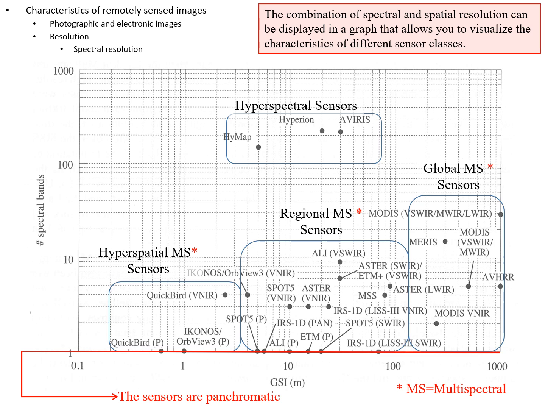And then on the right, you have the sort of the global multispectral sensors. Okay, so these are systems that have pixels that are maybe 250 meters spatial resolution through a kilometer spatial resolution, and between 2 and 20 or 30 bands.